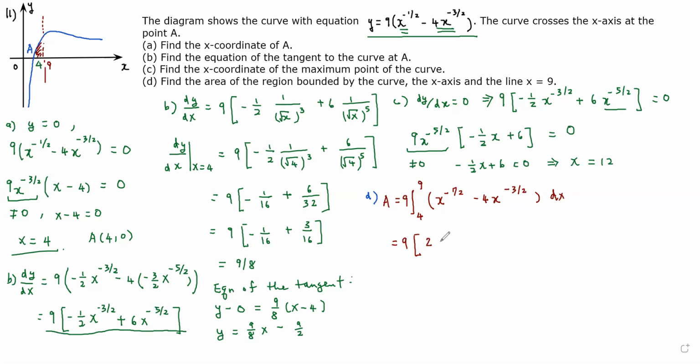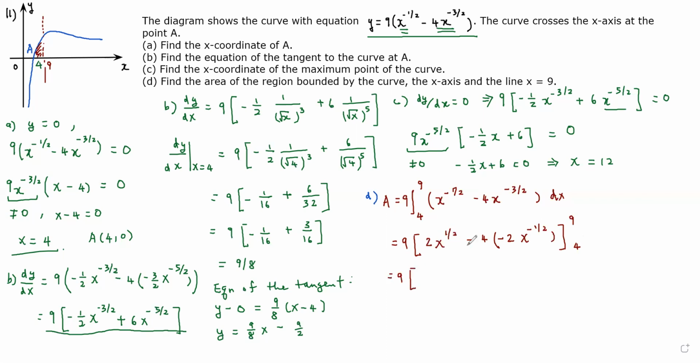That will give us 2 x to the 1/2 minus 4. And negative 3 over 2 plus 1 is negative 1 over 2. That will give us negative 2, and then we have x to the negative 1 over 2, from 4 to 9.